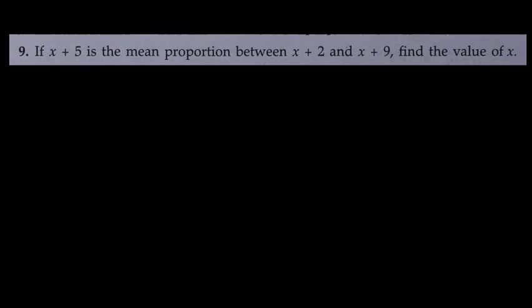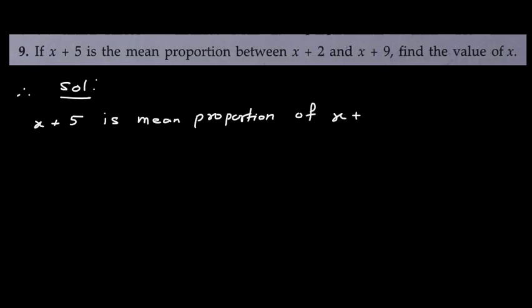Now here ninth question is, if x plus 5 is the mean proportion of these two numbers, find value x. So x plus 5 is the mean proportion. Okay, solution I will say x plus 5 is mean proportion of x plus 2 and x plus 9.